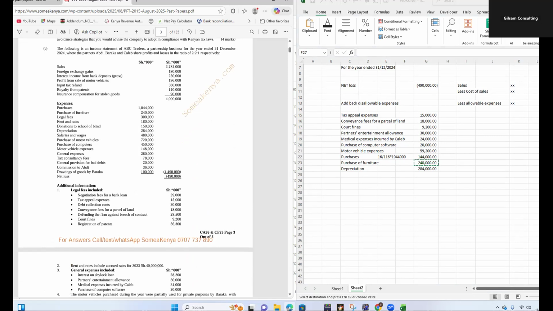Then, going past depreciation, salaries is okay. Purchase of a motor vehicle. The motor vehicle also is capital in nature. It's not allowable, 720,000. And then purchase of a computer. Even computer also is capital in nature, that is 450,000.